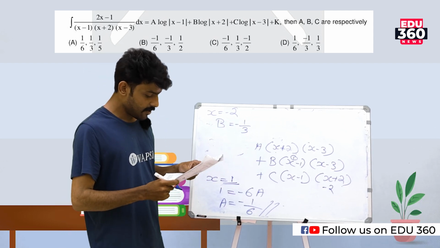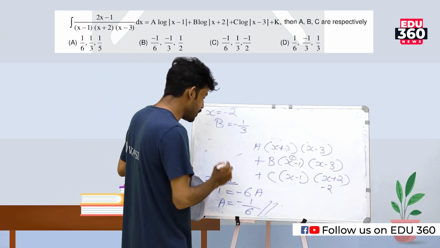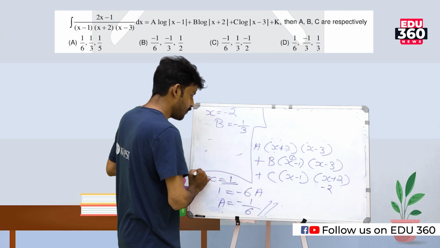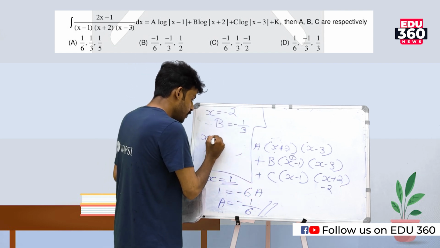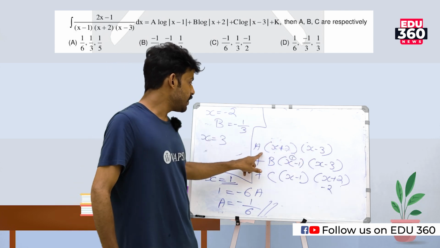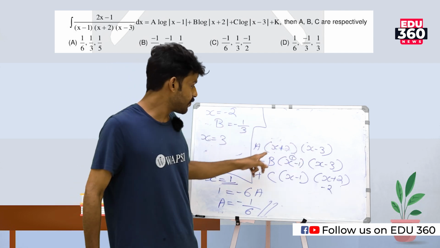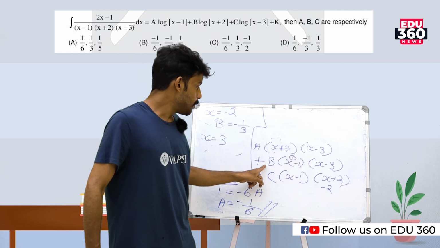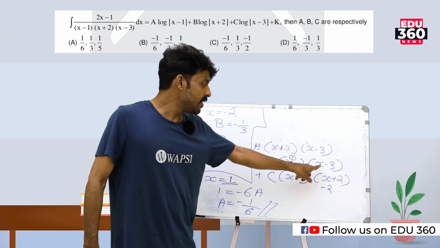Similarly, when x is equal to 3, just look at here, this term will become 0, that is a into x plus 2. So 3 plus 2 into 0. Plus here, you can see x minus 3.